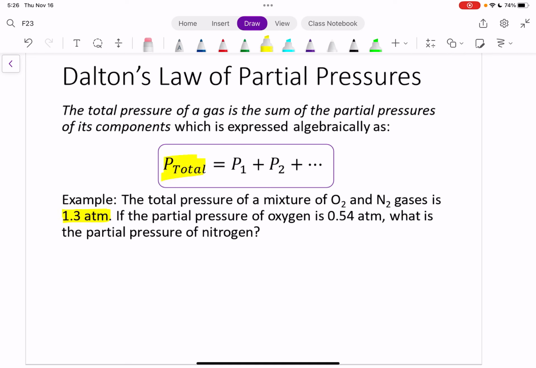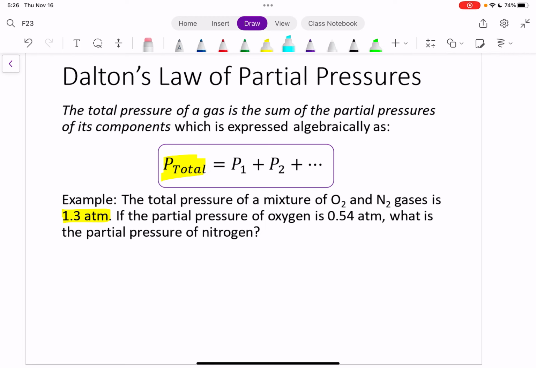That's our P total. So what Dalton's law of partial pressures says is that the total pressure exerted in that container by those gases is equal to the sum of the partial pressures of each of those gases.